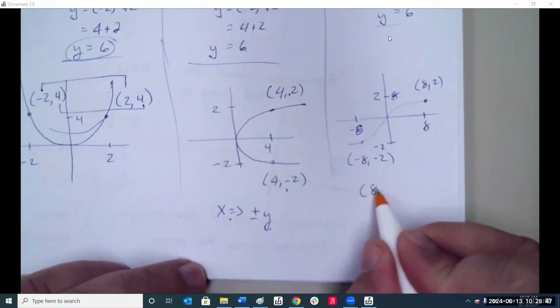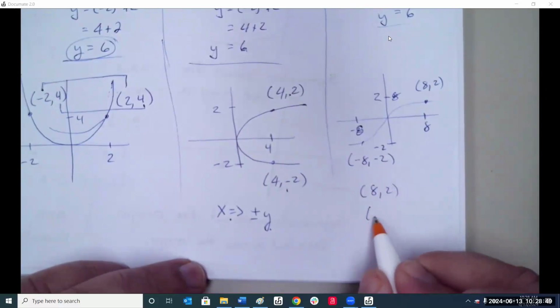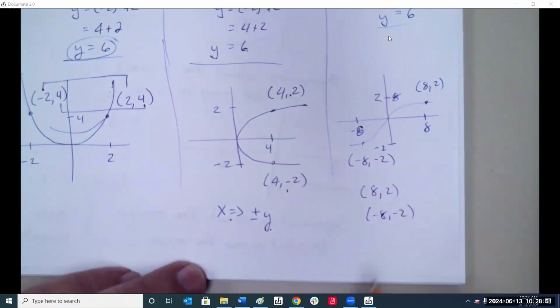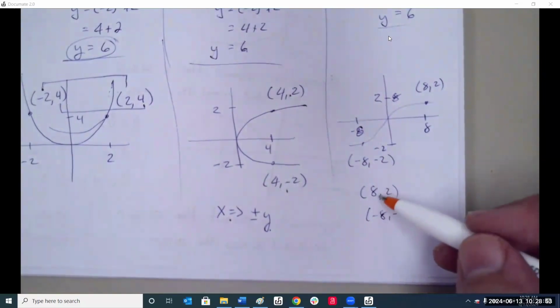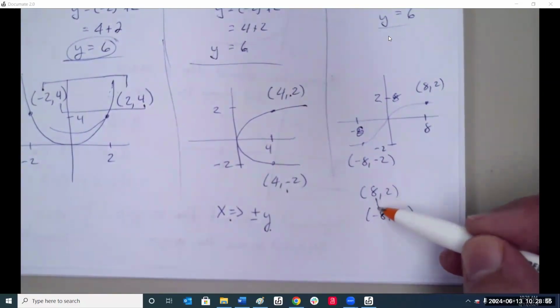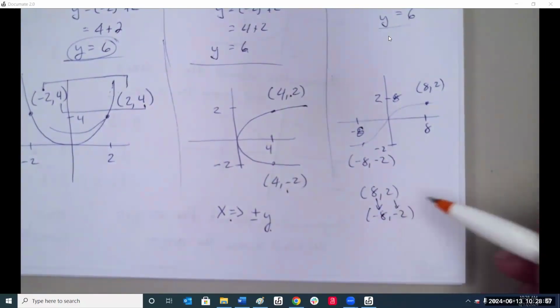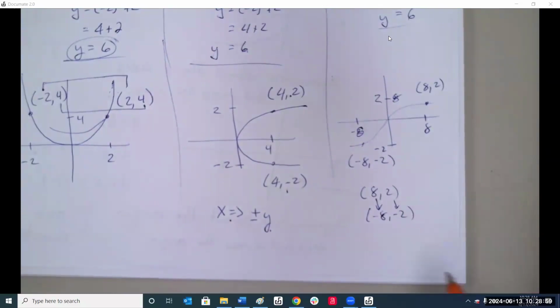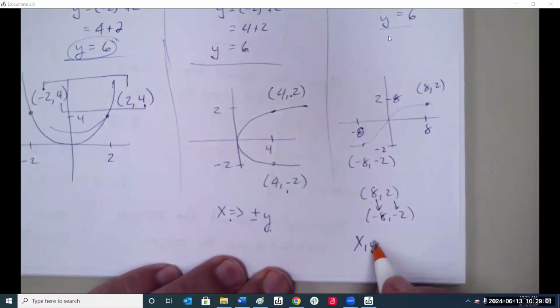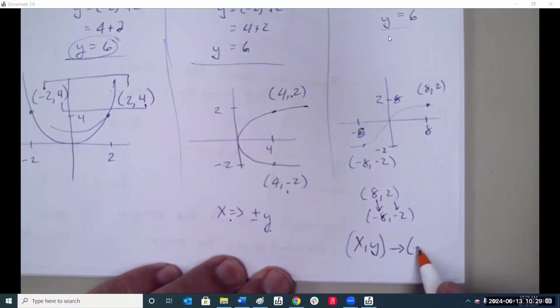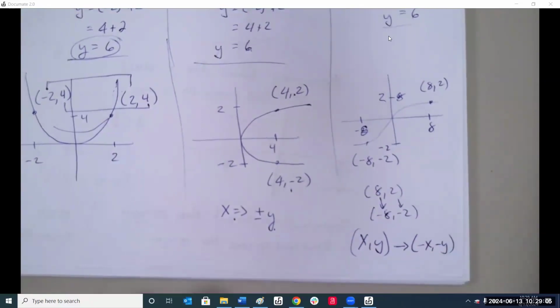Yeah, so we go from, whereas if the x changes sign, so does the y. In other words, it goes from x, y to -x, -y.